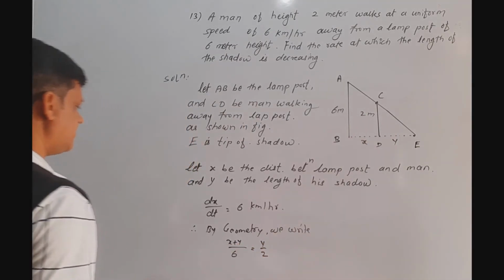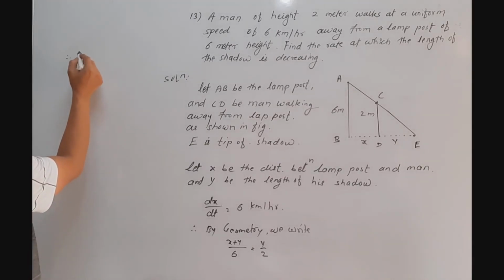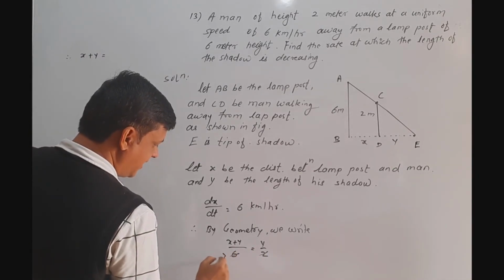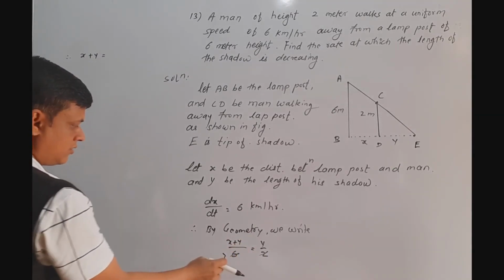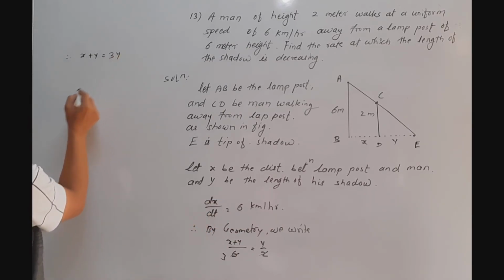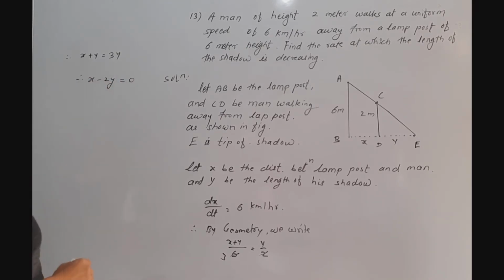So simplify this. Therefore we write x plus y is equal to 3y, so we get x minus 2y is equal to 0.